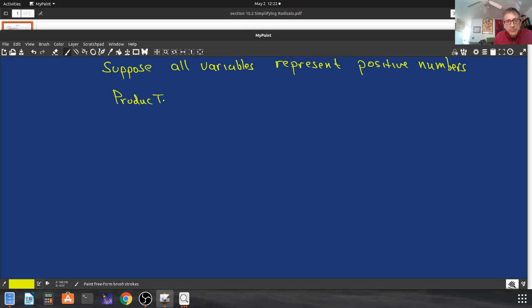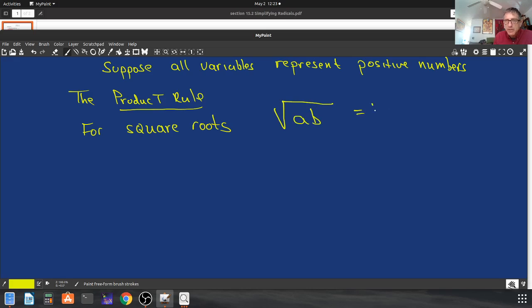Actually, for you guys, it's called the product rule for square roots. But when you're introduced to other types of radicals with different indices other than 2, it's going to be exactly the same. The square root of a times b is equal to the square root of a times the square root of b.